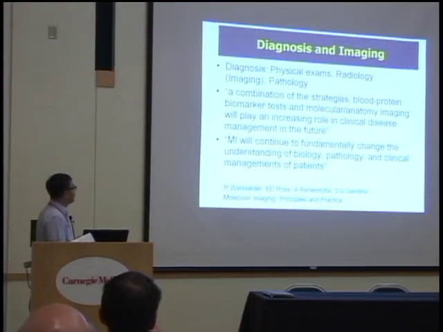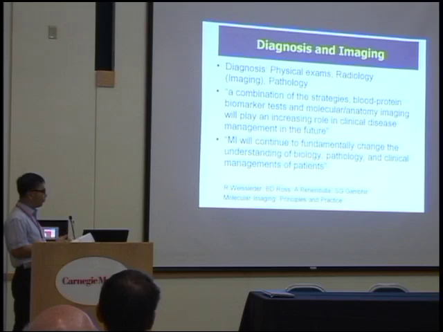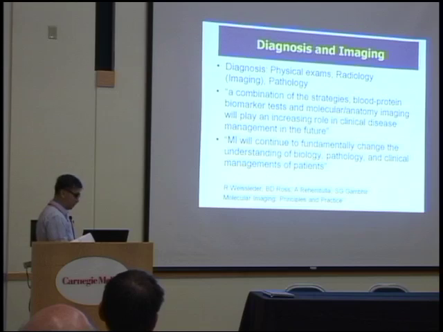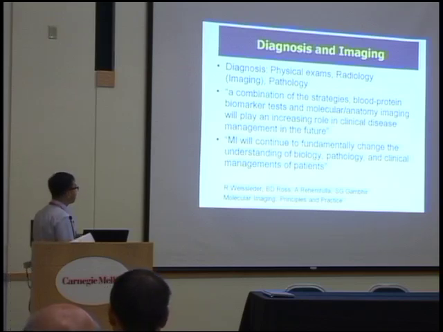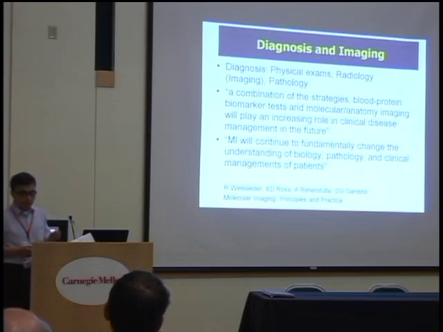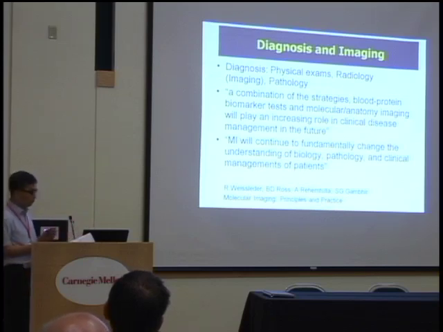But the blood-based in vitro assay can only provide average information. Molecular imaging can complement by providing temporal and local information, which is sometimes very important to detect the progress of disease locally and also to assess the response to treatment.